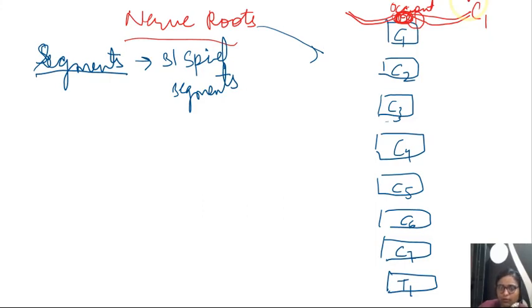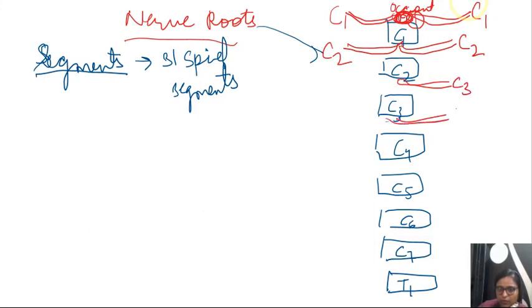So likewise we have the C2 nerve root which is exiting from your second cervical segment, very good. So this is your C2 nerve root on both the sides. Likewise we have C3, C4, C5, C6, C7, C8.